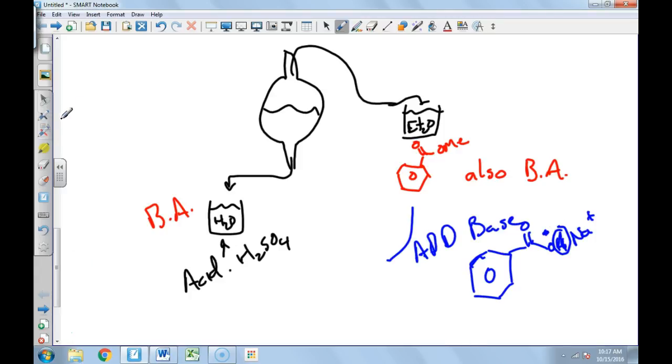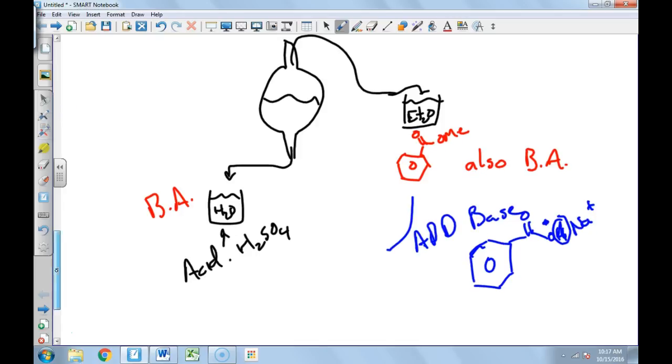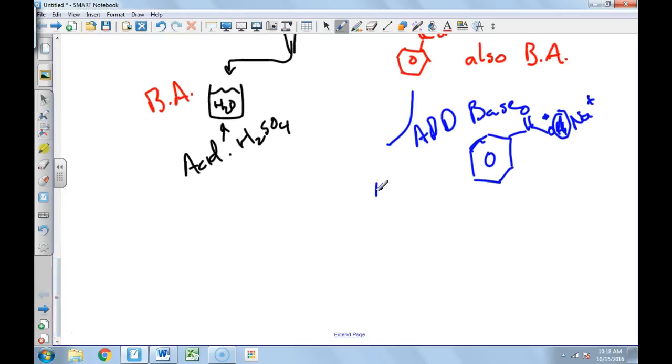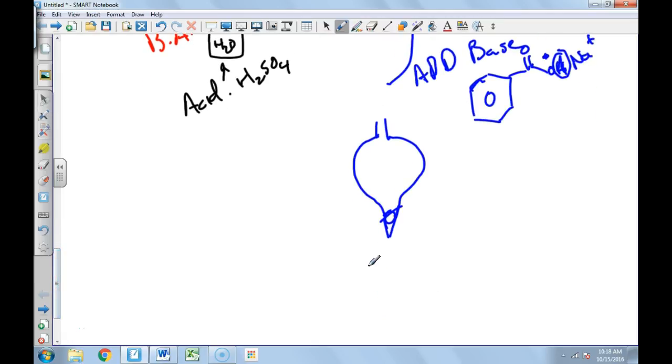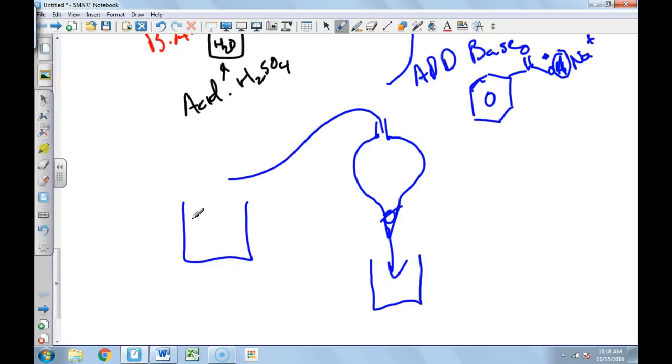So now we're going to have our second separation. Again, the water layer is going to come out the bottom, and the ether layer is going to come out the top.